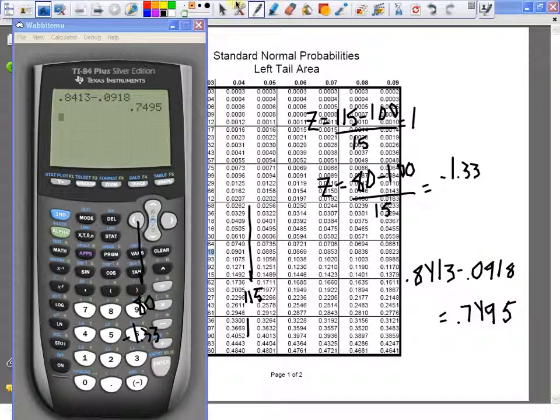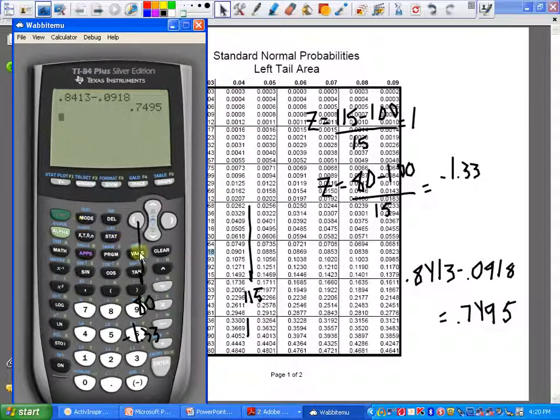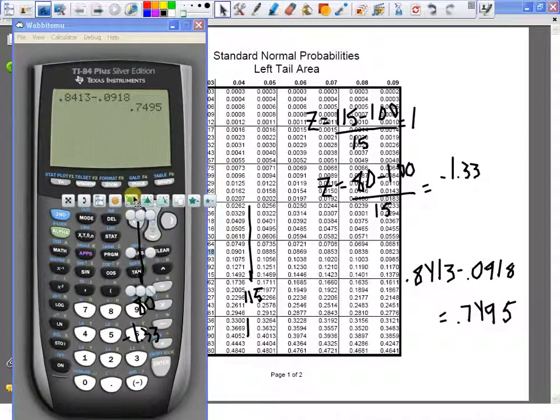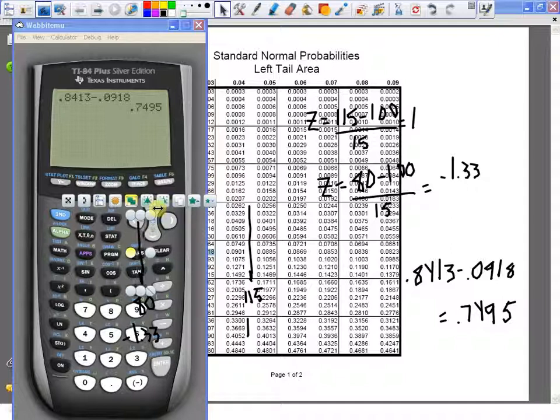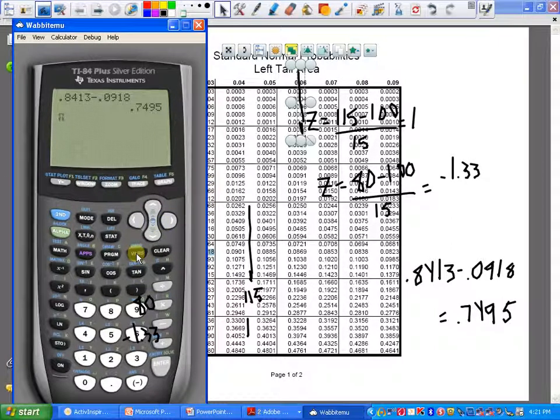Now, there's an advantage of doing this problem in the calculator. If I go to second variables, go back to my distributions, and go to normal CDF.